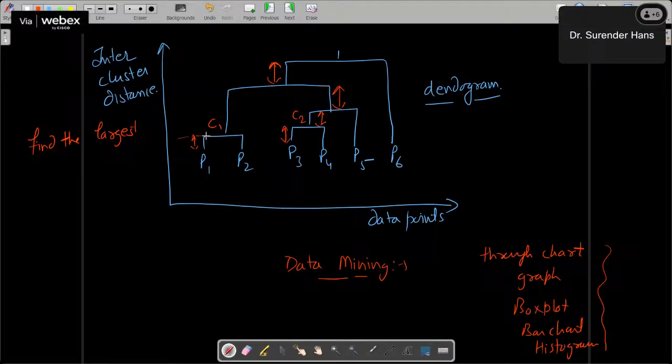This one is a horizontal line, this one is a horizontal line, this one again is a horizontal line. So now check the largest vertical line which should not be cut by a horizontal line.